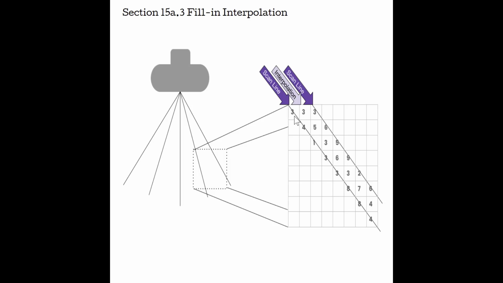So for example, these 3 pixels up here, the scan line over here came up with a 3, the scan line over here came up with a 3. The machine assumes the one in between is probably a 3. Jumping down here, we had a 3 and a 9. Well, that's going to take an average of the two and put a 6 in between. So it's going to take, again, that educated guess and fill in these blank pixels so that it accounts for the anatomical gaps that we get from the scan lines.